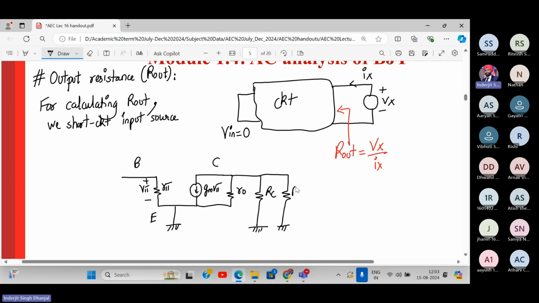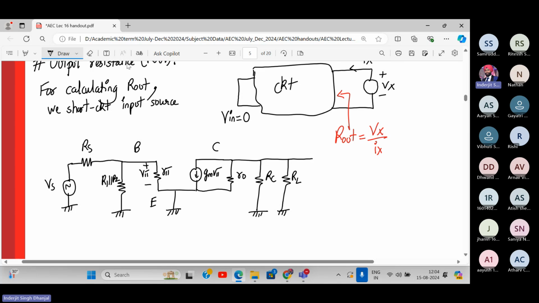RL is my load. So this is the network. And what about here? This will be R1 parallel to R2. Here it is RS. And here is my supply voltage VS.